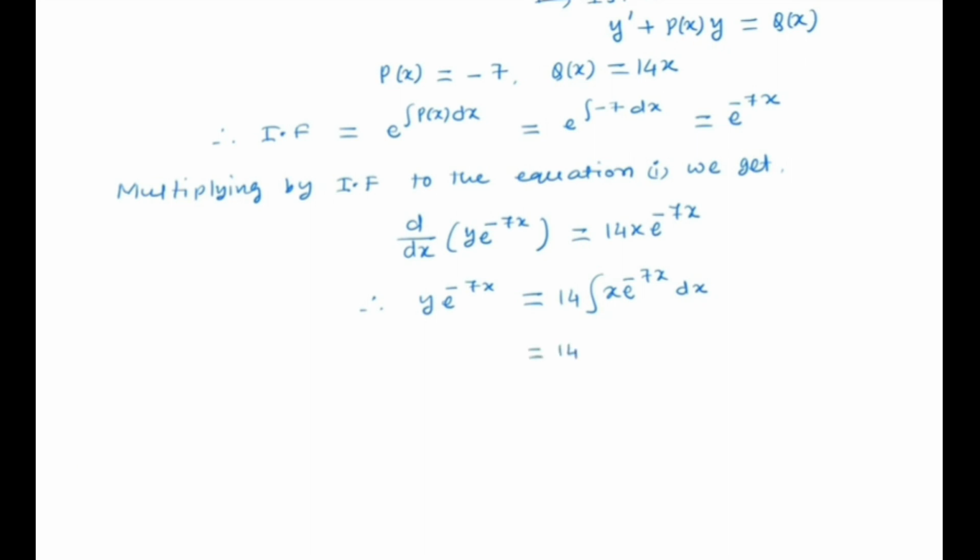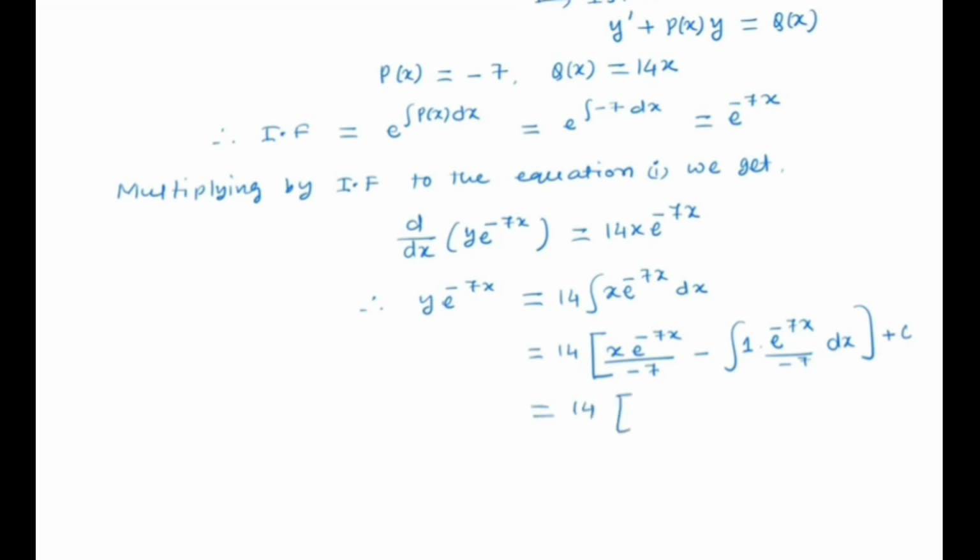Here we have to perform the integration by parts method. So that will be x times e power minus 7x by minus 7, minus the derivative of x, which is 1, again integrating e power minus 7x by minus 7 dx, plus c.